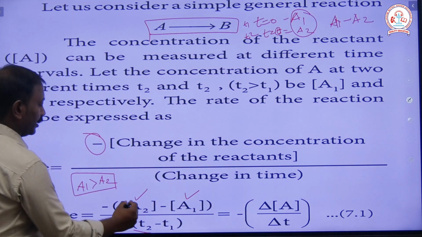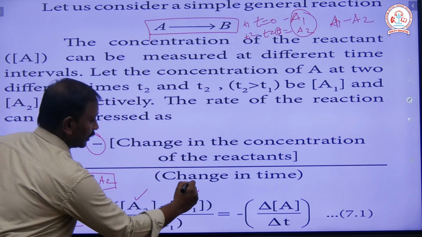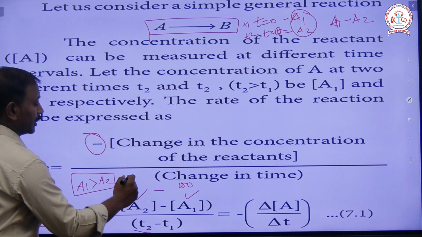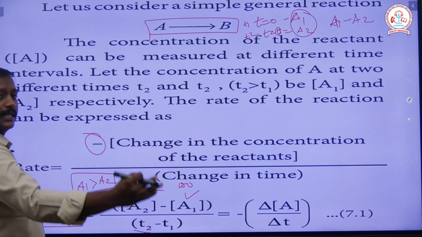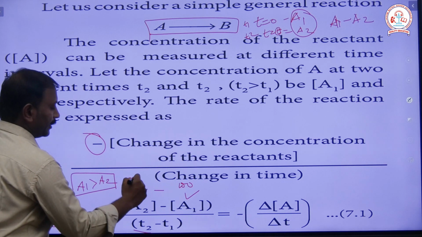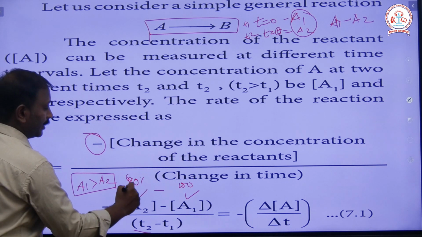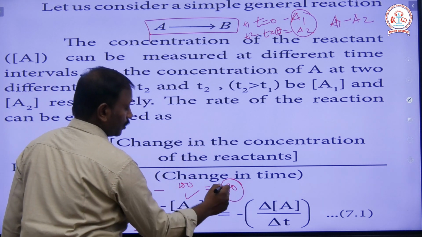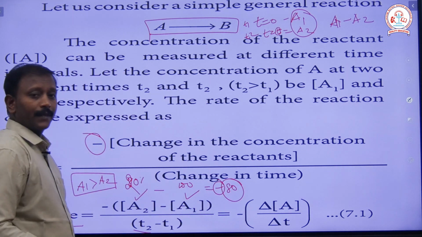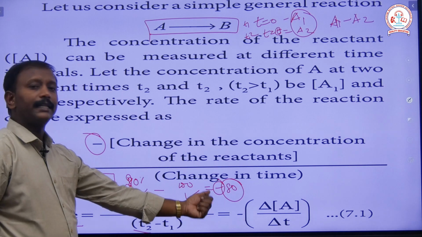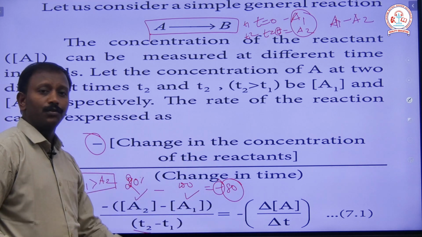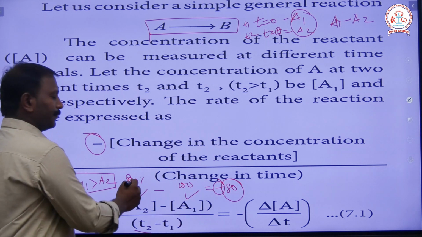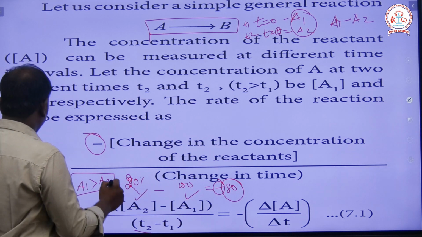If we calculate it, initially we take 100, and after some time 20% is reduced, so the remaining 80% is there, or 20% has reacted.